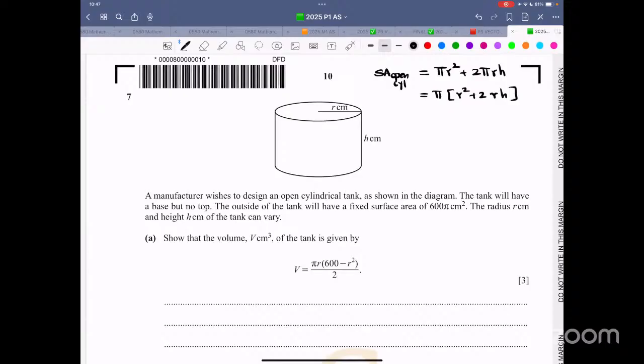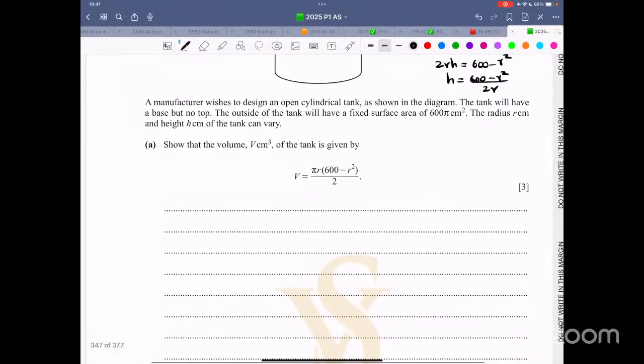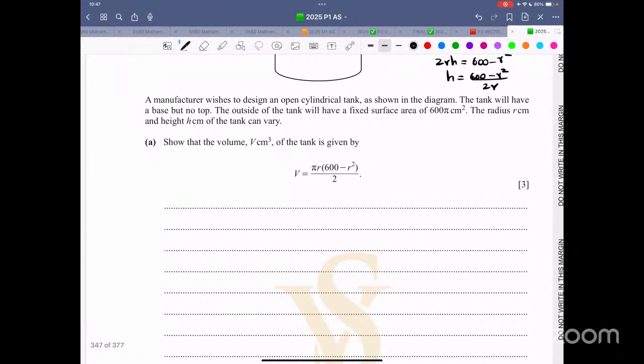Now, if I equate it to 600 pi, the pi and the pi will cancel out. So therefore, r square plus 2rh is equal to 600. 2rh is 600 minus r square. Therefore, h is 600 minus r squared divided by 2r. That is the first thing. Because r is the missing piece of the puzzle, therefore h should be made the subject.